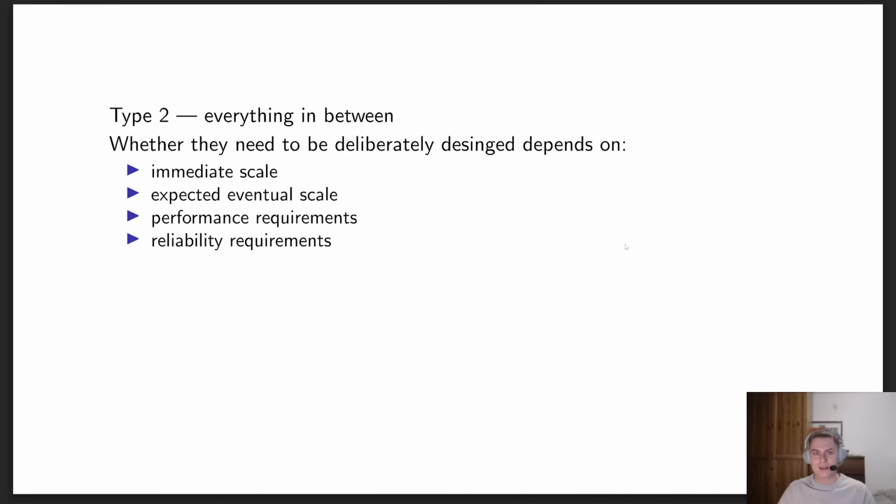The next thing, in the same vein, is the reliability requirements. Again, if your system has to be available all the time, or has to be extremely reliable in terms of the outputs that it produces, you have to deliberately design for that. You cannot just expect the system to exist in that always valid state.